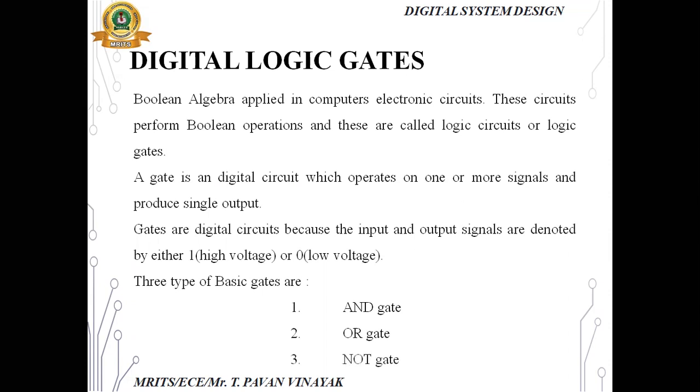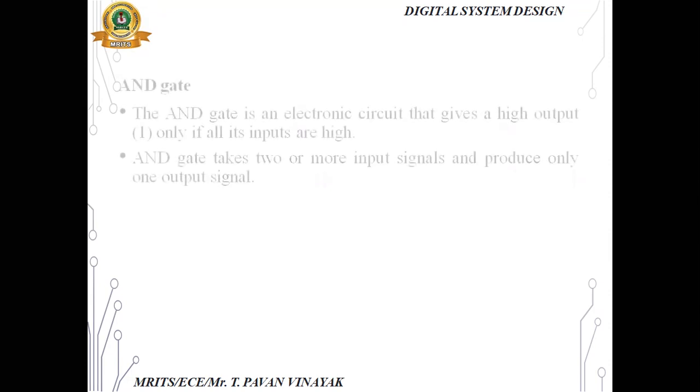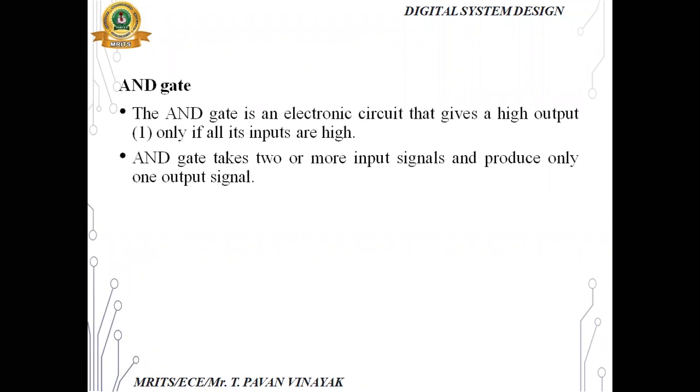Let us learn about the AND gate. What is an AND gate? An AND gate is a digital circuit which performs the AND operation. So what is the AND operation? Output is high when all inputs are high. An AND gate can take two or more inputs and produce one output. Here is the symbol of the AND gate.